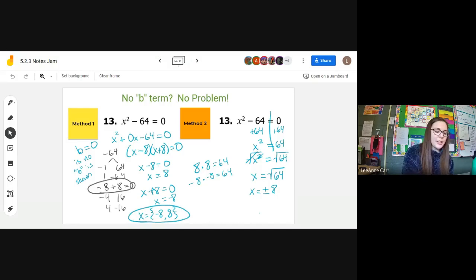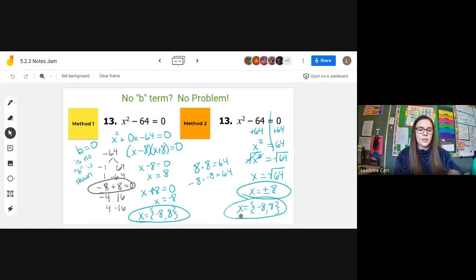And so we could write our answer either like this, we could leave it like that, or we could rewrite it with our curly brackets, because what this says is that both positive 8 and negative 8 are an answer, which is the same thing as what this says over here. All right, I'm going to pause. What questions do we have on that one?